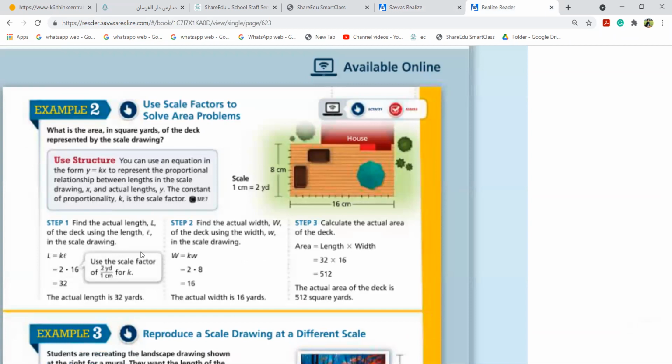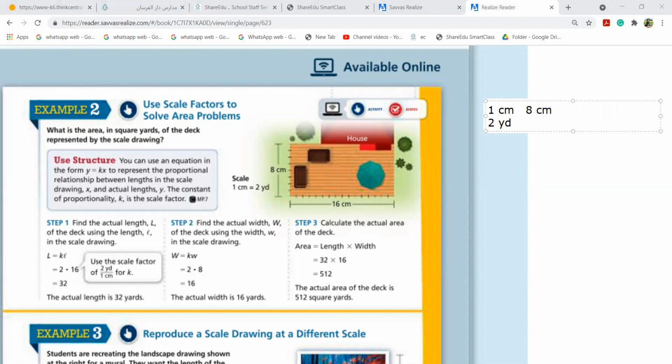They have given here the length is how many? 8 centimeter. I need to change it into yards. How did I change the centimeter to yards? 1 centimeter equals 2 yards. It's this way, girls. So 8 centimeter is how many?